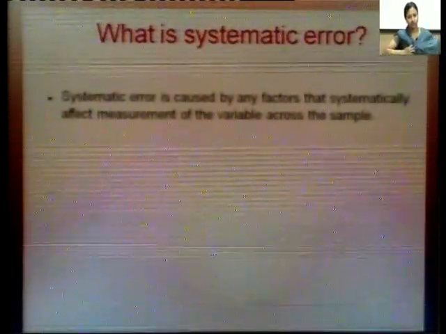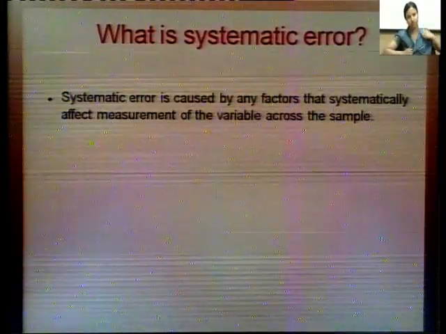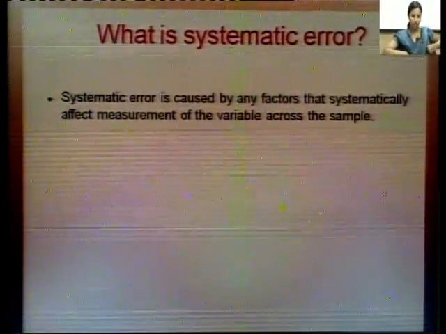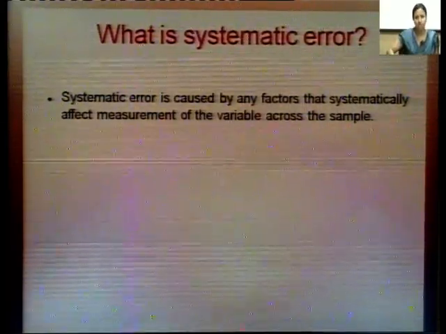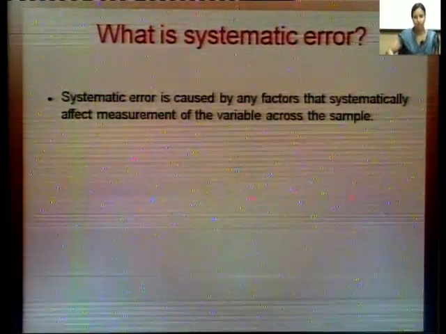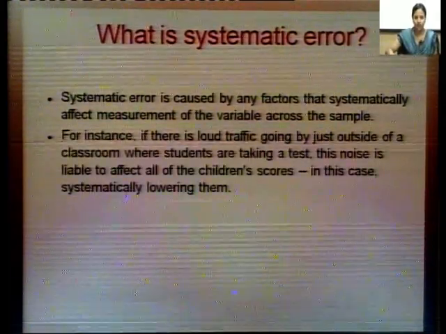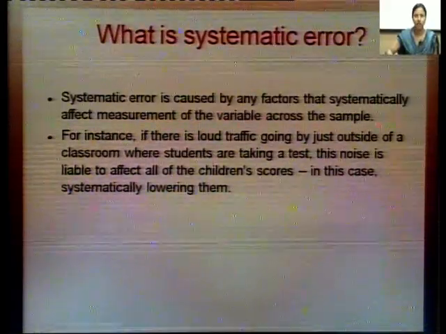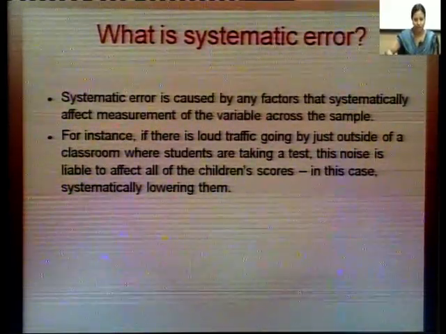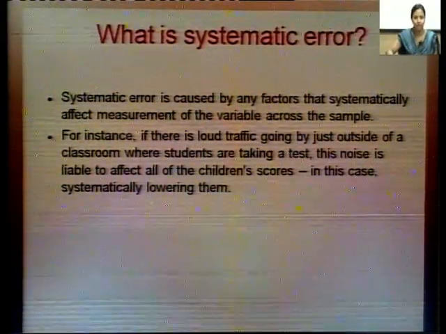Now we study in detail about systematic and random error, because these two are very important errors. So I thought that I should add some more material about these two types of error. First is systematic error. Systematic error is caused by any factors that systematically affect measurement of the variable across the sample.